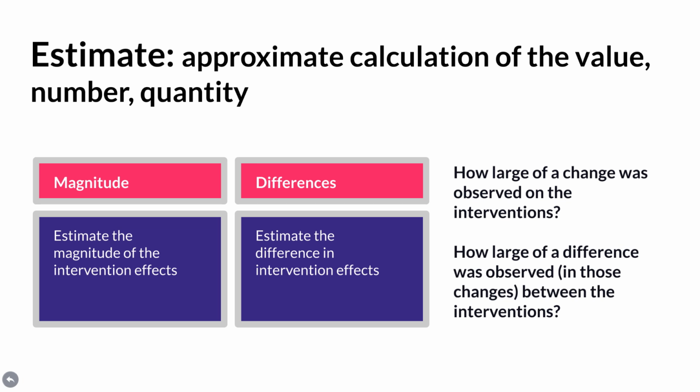Consider the situation where the placebo group has a small negative change. That means the placebo group didn't get any better. It's not statistically significantly different from zero, but it did go in the worsening direction. And then consider that treatment group B, the new intervention, had a small improvement.